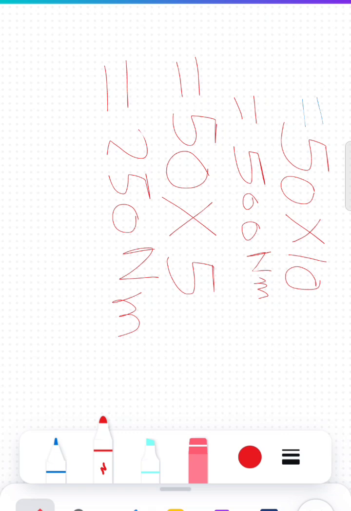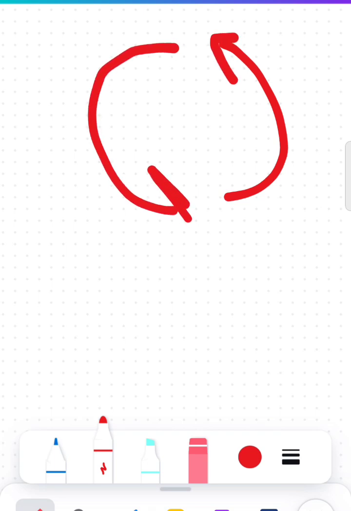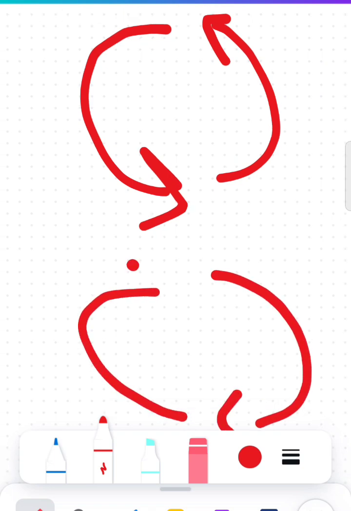Now another topic is anti-clockwise movement. In rotatory motion there are two types of movement: anti-clockwise movement and clockwise movement. This is our anti-clockwise movement, the movement opposite to the hands of a clock, and this is a clockwise movement, the movement in the direction of the hands of a clock.